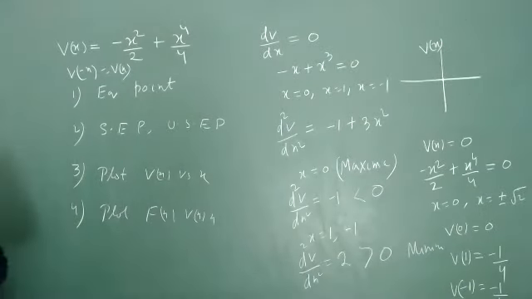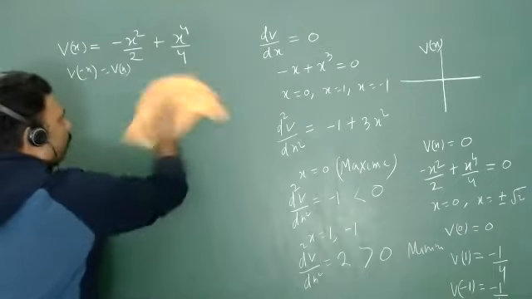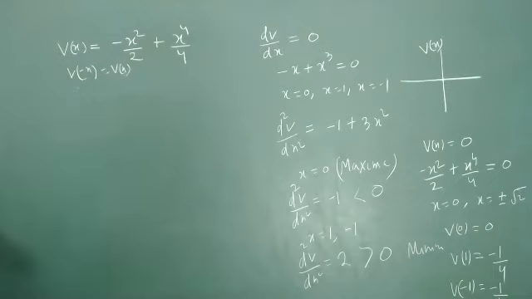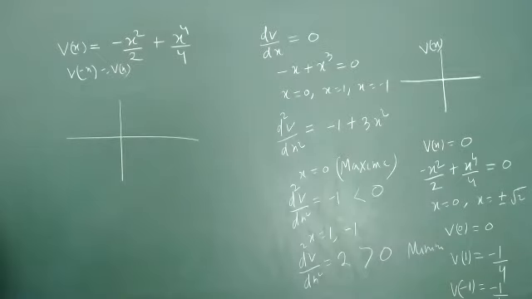Now I can plot the potential, isn't it? We can plot it easily. When we plot this potential, first we have to see some beautiful points. What are these beautiful points?